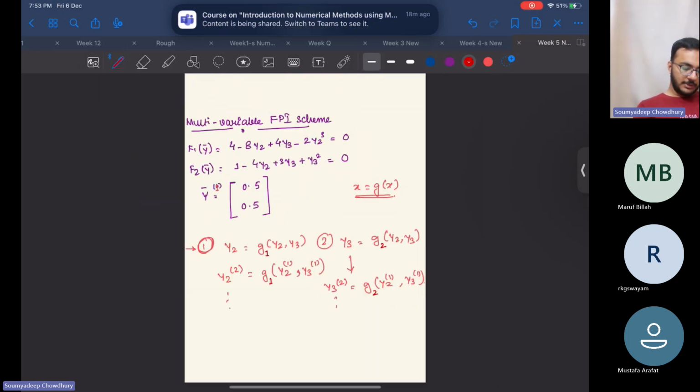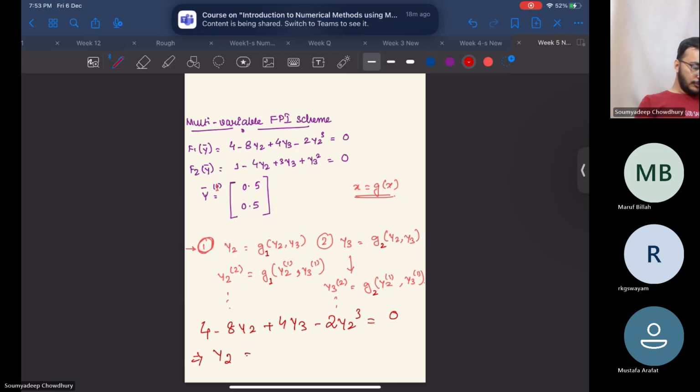So the first equation is 4 minus 8y2 plus 4y3 minus 2y2 cubed equals 0. There can again be an infinite number of possibilities. I am doing one possibility, the easiest one. From this 8y2, it is basically 4y3 plus 2y2 cubed minus 4 upon 8.